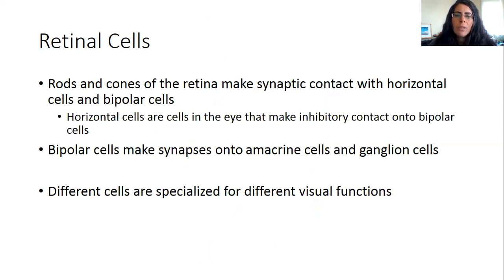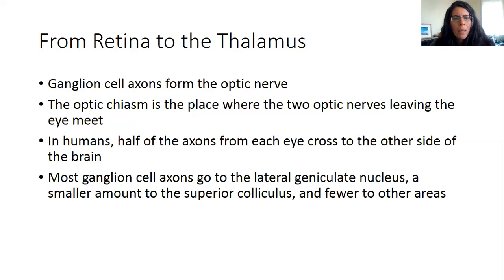The horizontal cells are going to send inhibitory messages to those bipolar cells when they're stimulated via the rods and cones. Bipolar cells make synapses onto amacrine cells and ganglion cells, and these cells have their various functions. Again, the ganglion cells form the optic nerve.